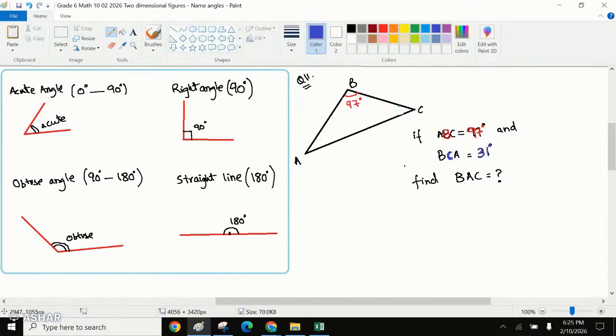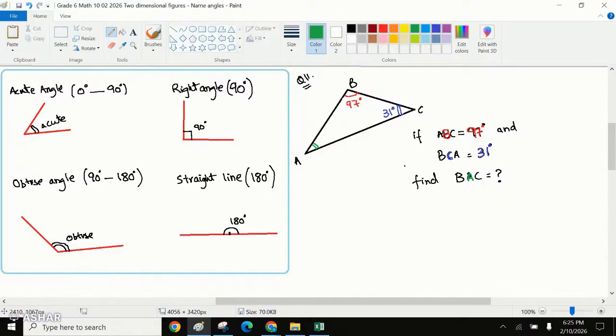That means angle C is given as 31 degrees, right? What we need to find is BAC. We have to find this angle.